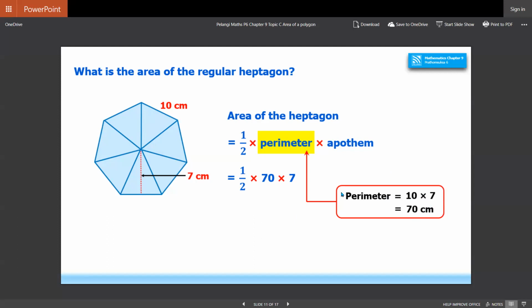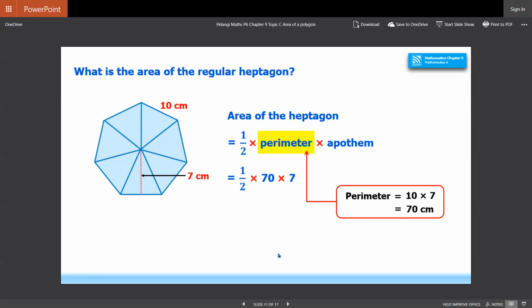The 7 in the perimeter, 10 times 7, is coming from the number of sides. If you count, 1, 2, 3, 4, 5, 6, 7. There are 7 sides to a heptagon. Remember, the heptagon has 7 sides. That is where the 7 is coming from.